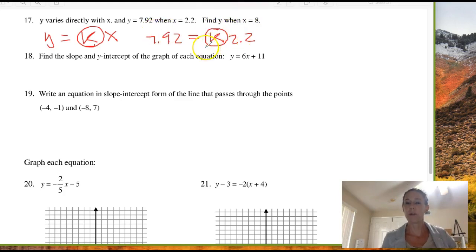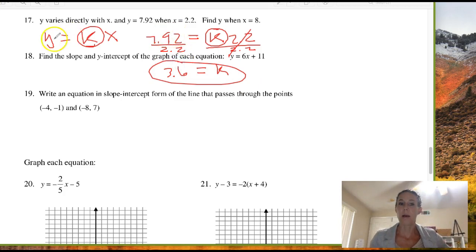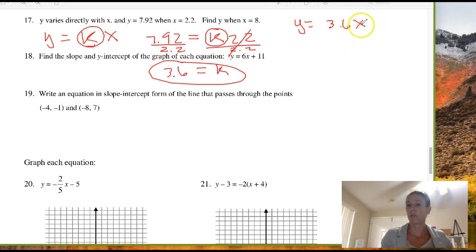So to figure out what that constant is, I'm going to divide both sides by 2.2, and then just use a calculator and divide that out. So I'm going to come up with k equals, if I calculate this out, 3.6. So there's my constant. Now I can say, well, y equals 3.6 times x. This is how it varies directly. For every x, I multiply it by 3.6 and I get y.